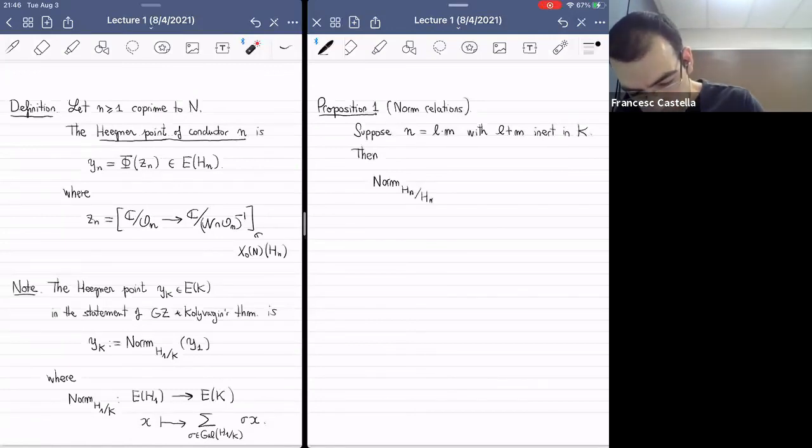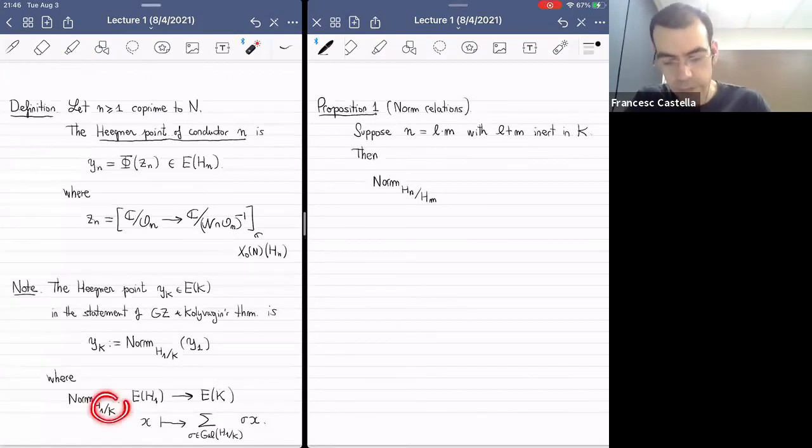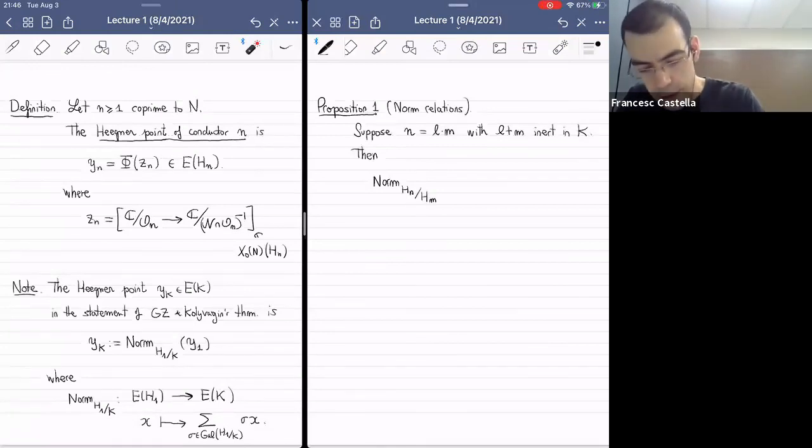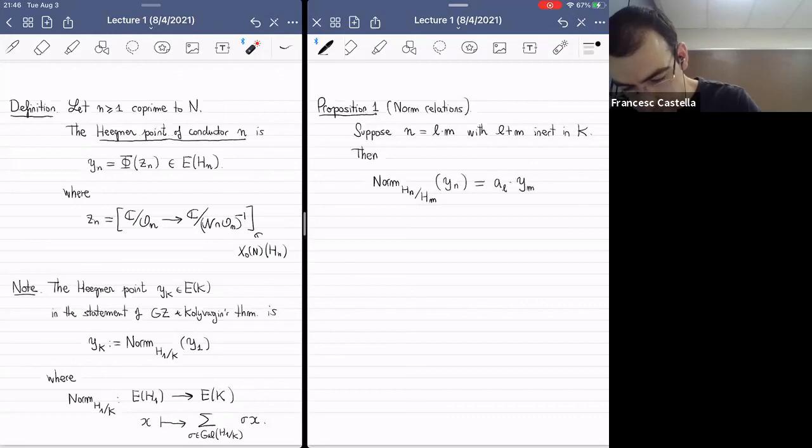We can trace it down to H_m, just as we did here, by taking the sum of all the conjugates by the elements in the Galois group of this extension. So if we apply this norm map to y sub n, we land in the extension H_m, where the point of conductor m lives. And what we get is not quite the point downstairs, but a certain multiple of it, and the multiple is interesting. What we get is a sub ℓ times y sub m.